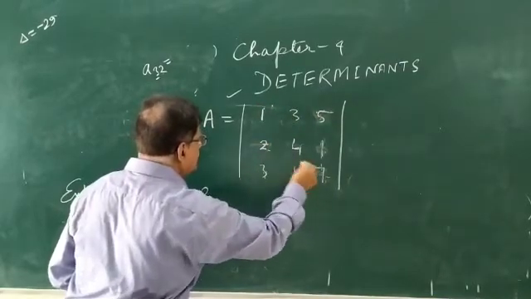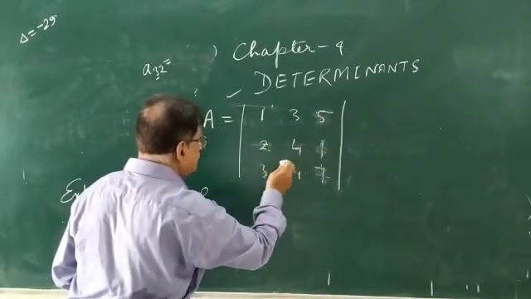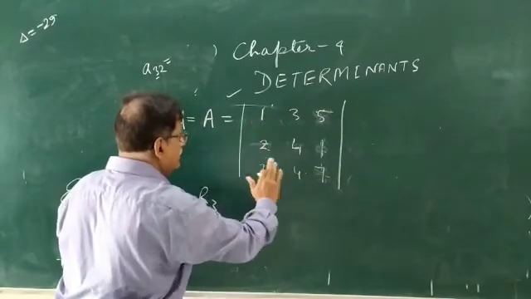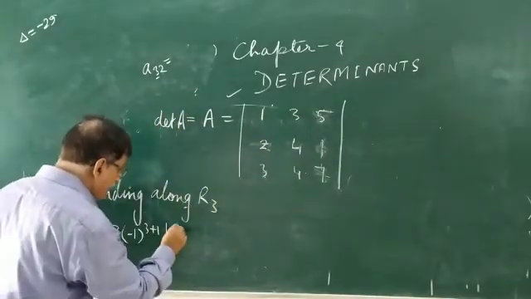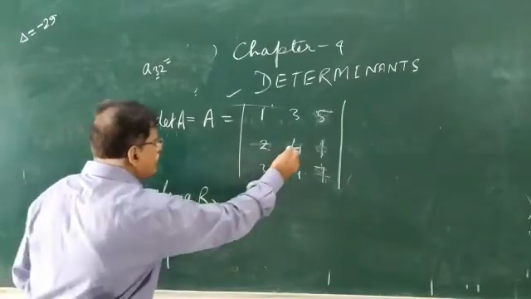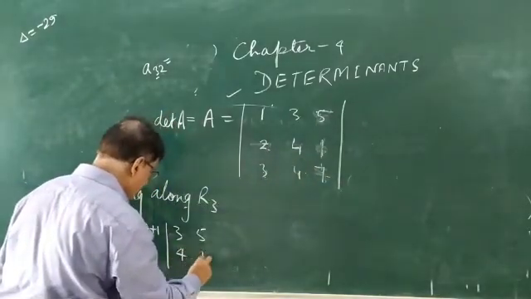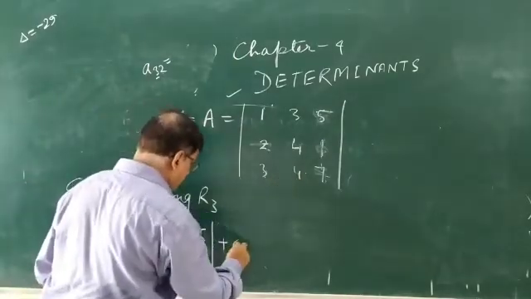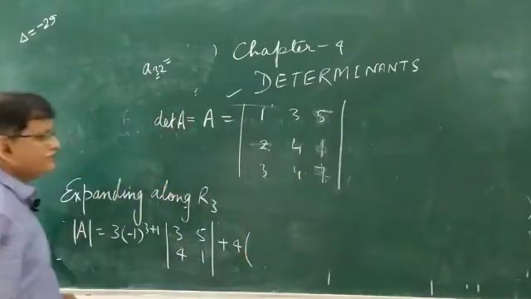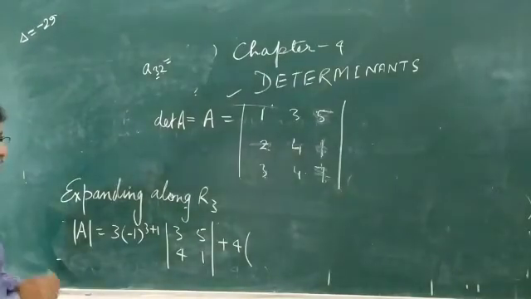So what are the numbers you consider in the determinant? 3, 5, 4, 1.